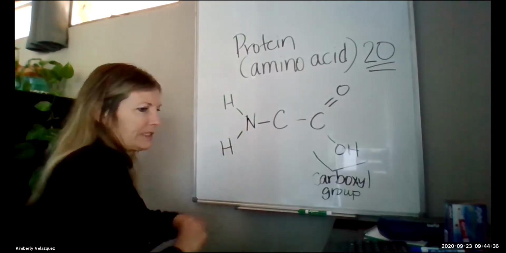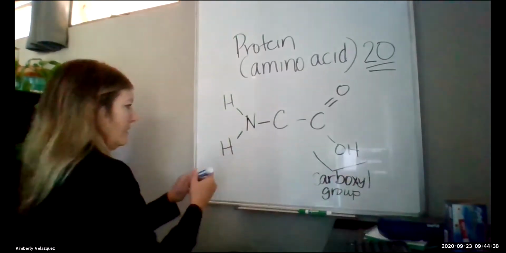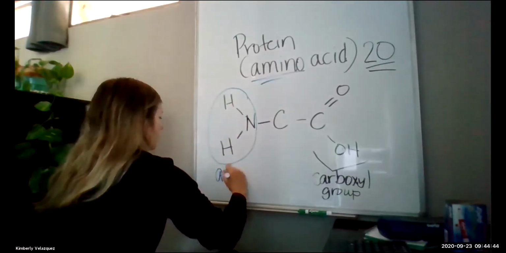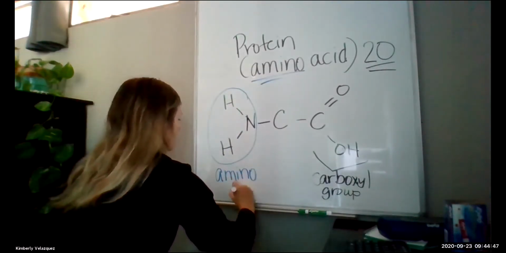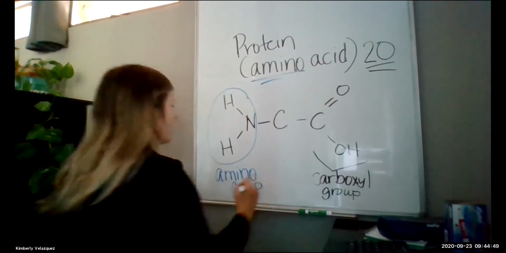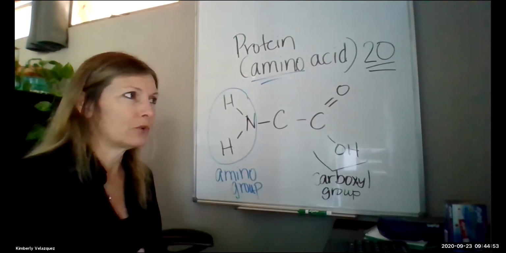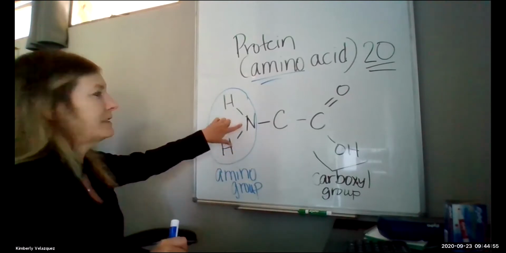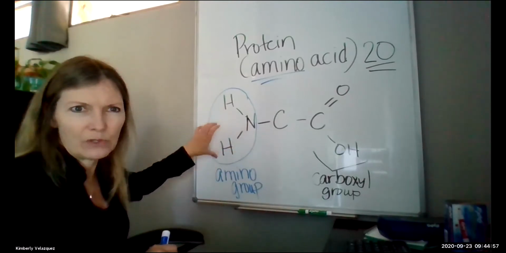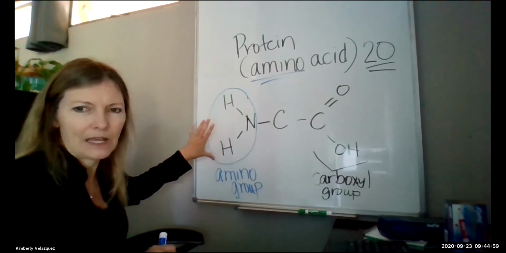Now this functional group is how you're going to identify this as being a protein. Does anyone remember what it is called? Amino. Exactly. This is called the amino group. Note the difference between an amino acid and an amino group. An amino group is a functional group that consists of a nitrogen and either 2 or 3 hydrogens, depending on if this is ionized or not.